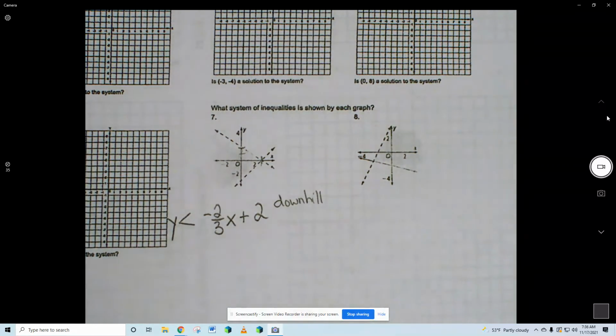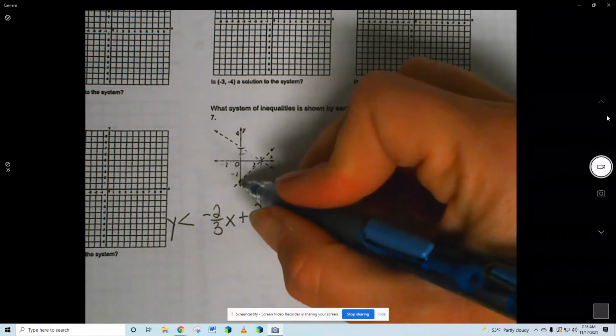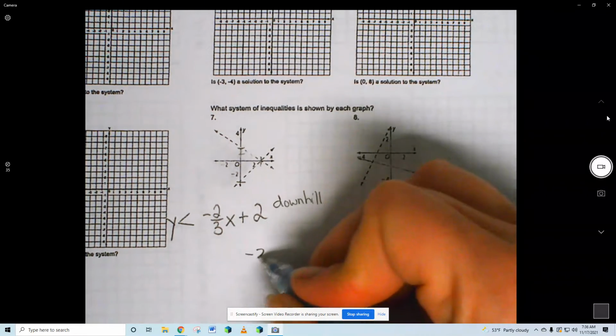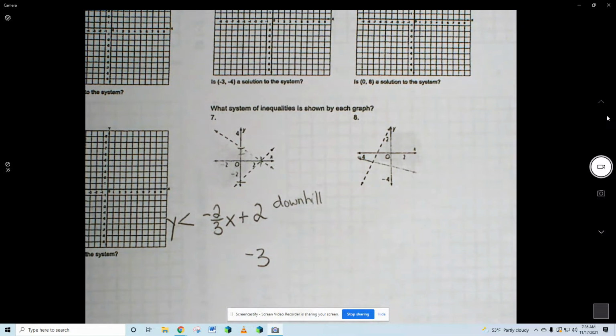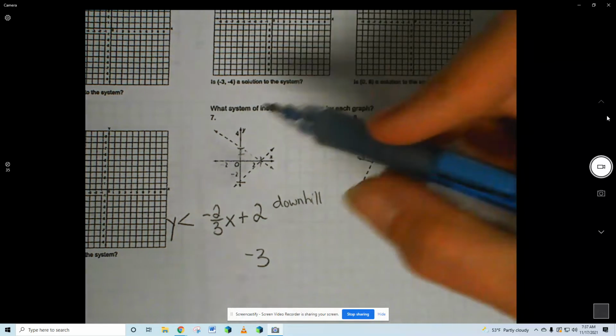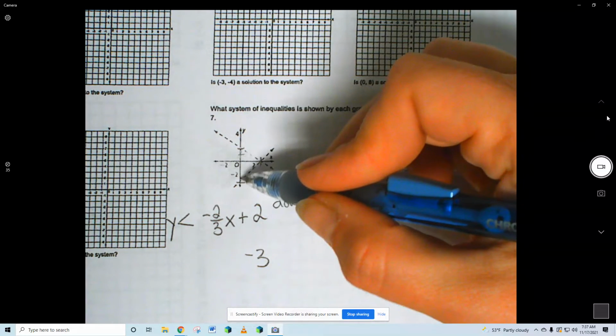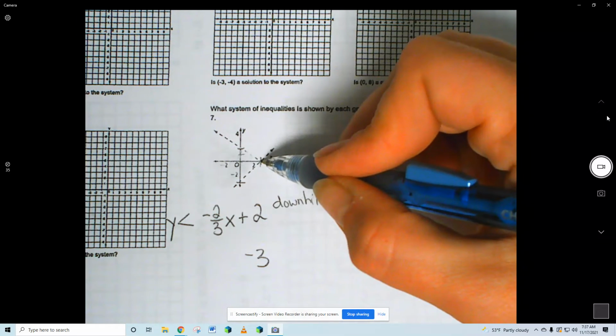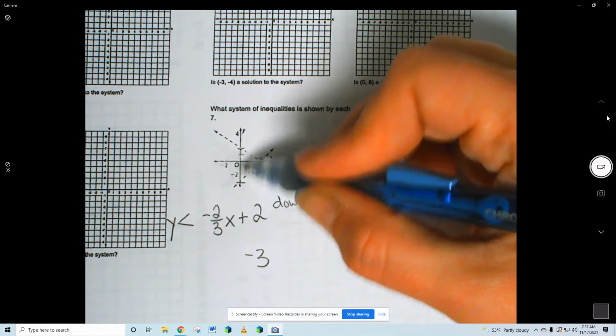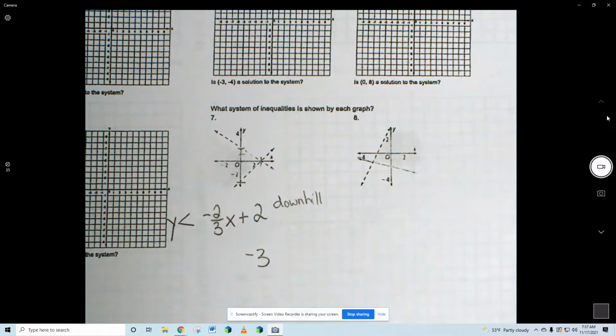The uphill line has a y-intercept of negative 3. And here's how I'm counting the rise and run. From the y-intercept, I'm going to rise to the origin and run to the x-intercept. Up 3 over 3, 1 over 1.